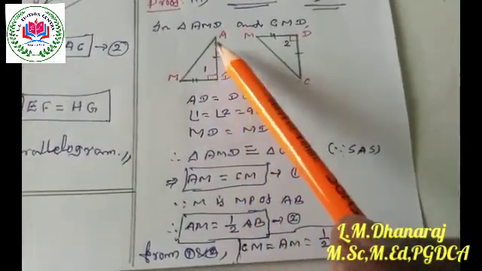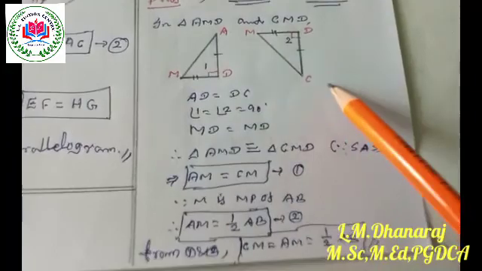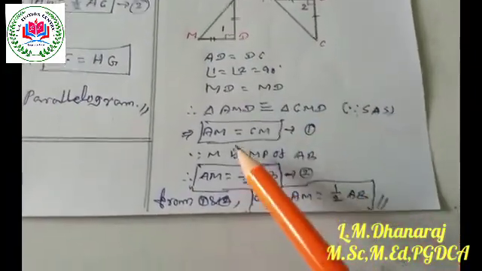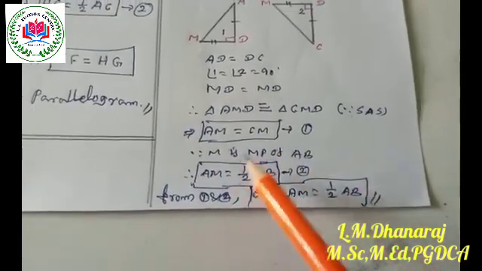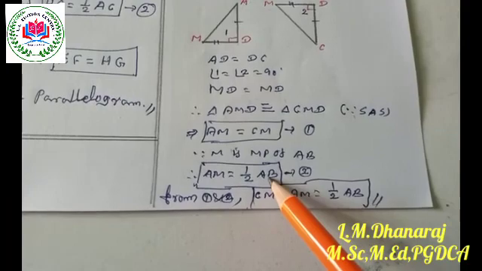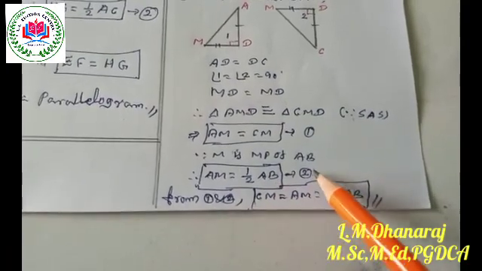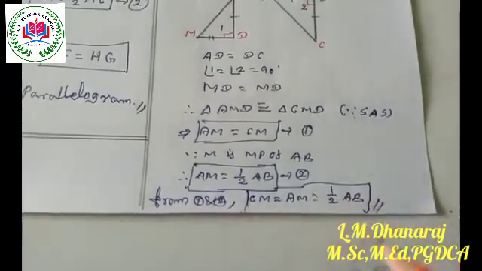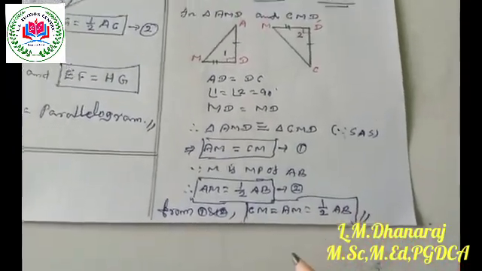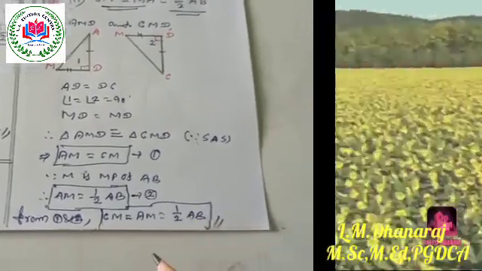So this proves that the side AM is equal to side CM. Make it as equation number 1. So this proves that M is the midpoint of side AB and AM is equal to half of AB. Make it as equation number 2. From 1 and 2, we can say CM is equal to AM is equal to half of AB. Hence proved.